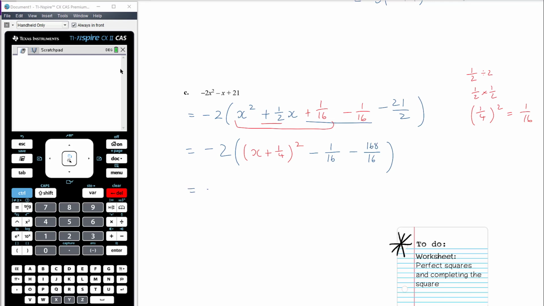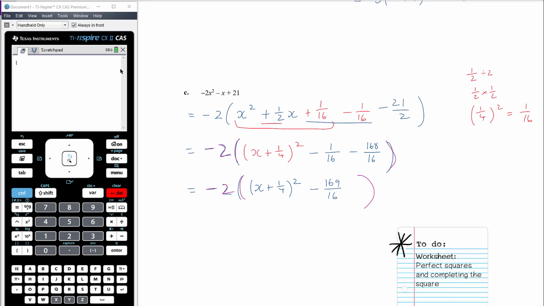Okay, so let's just put those fractions together. Again, don't lose the fact that you've got negative 2 times all of this. So we've got x plus a quarter all squared, and then minus 1/16 minus 168 sixteenths, so that's minus 169 sixteenths.